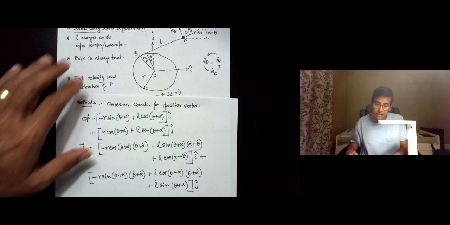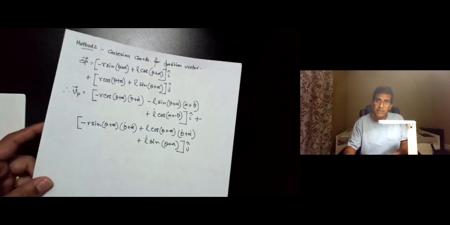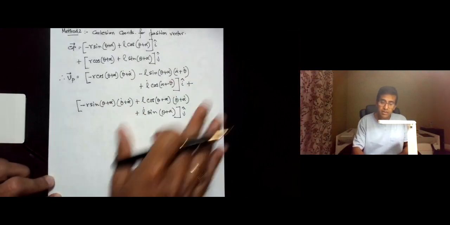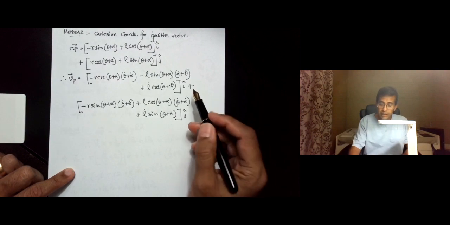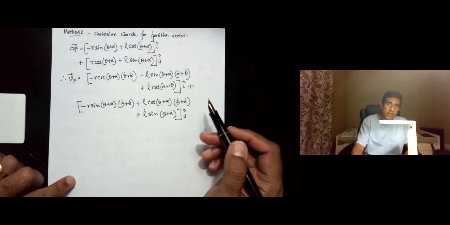In order to do that verification, we need to transform this solution to a vector with er and e theta, so that we can do a direct comparison of the vectors.